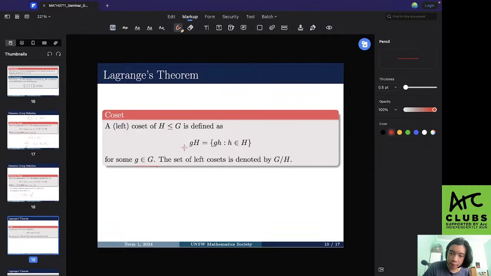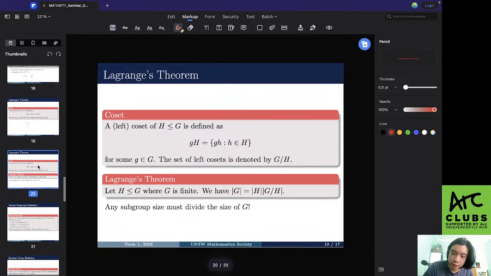So this is the coset gH, and we can have the set of cosets be denoted by G/H. And the reason we specify left coset is because we have right cosets as well, so it's the same concept except it's multiplied on the right. And obviously, if we have the group being commutative, then we know that the left coset is equal to the right coset.